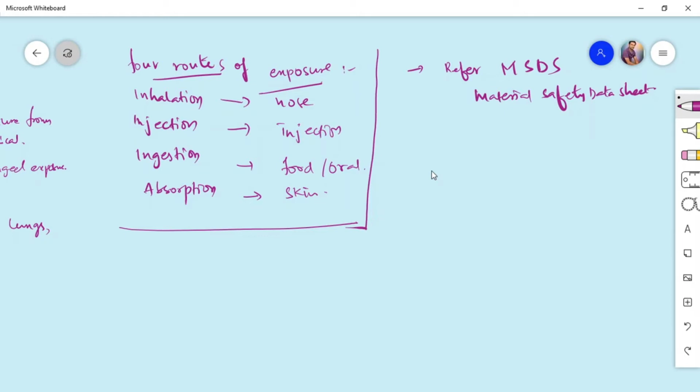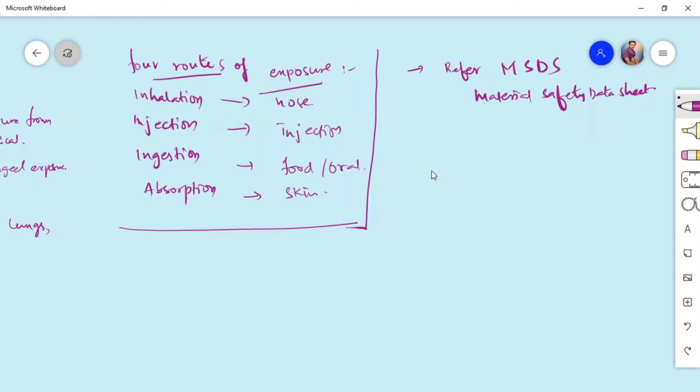If we cannot, try to substitute it with a less harmful chemical. Then, for some exposures you can use a hood or a good exhaust ventilation system which can suck it out.